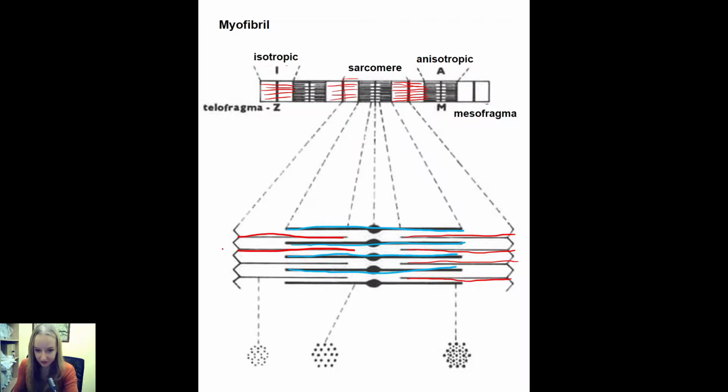These thin myofilaments are attached to the actin binding protein, alpha actinin, and they bind to the region of this Z line over here. So because of alpha actinin, they can bind to the Z line.